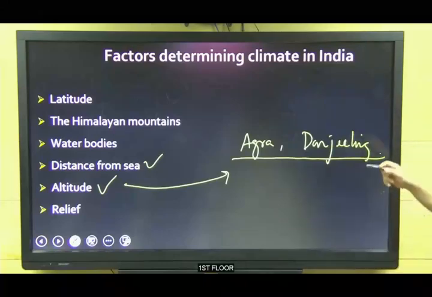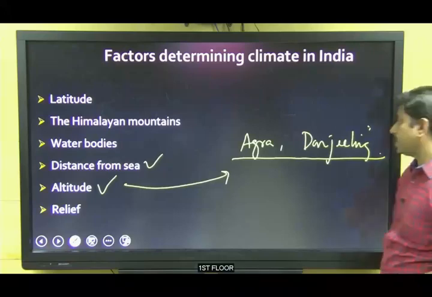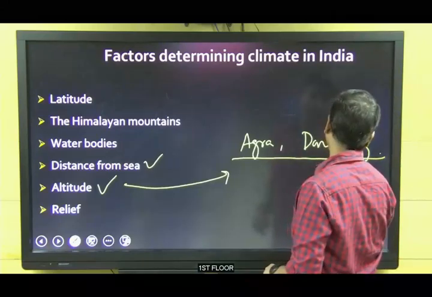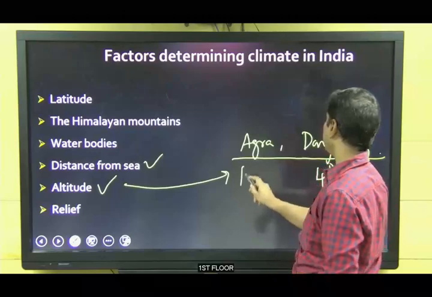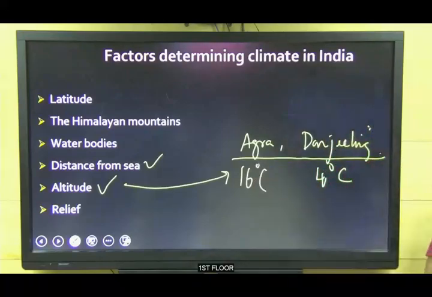Almost they are in the same horizontal line, but because of the altitude difference, Darjeeling is located at a higher altitude on the hill. The January temperature would be 4 degree centigrade in Darjeeling. Here it is 16 degree centigrade in Agra. It is because of the altitudinal difference.